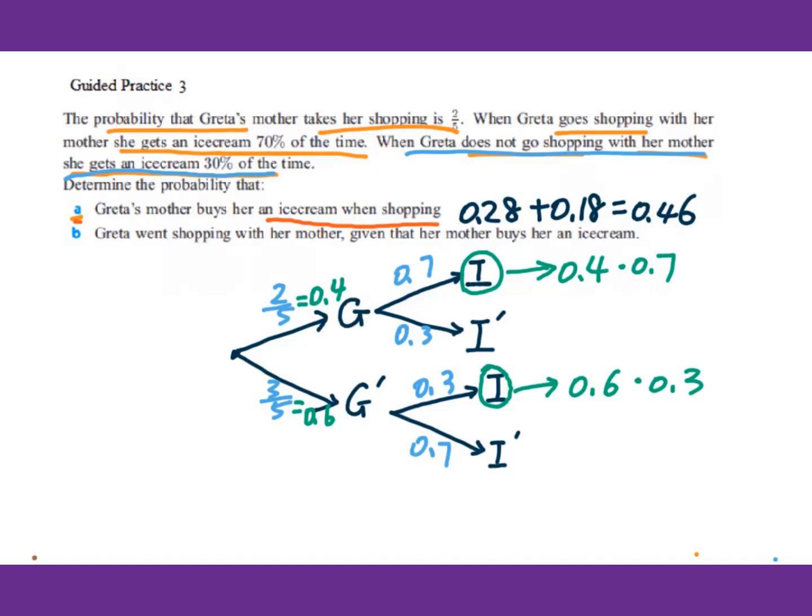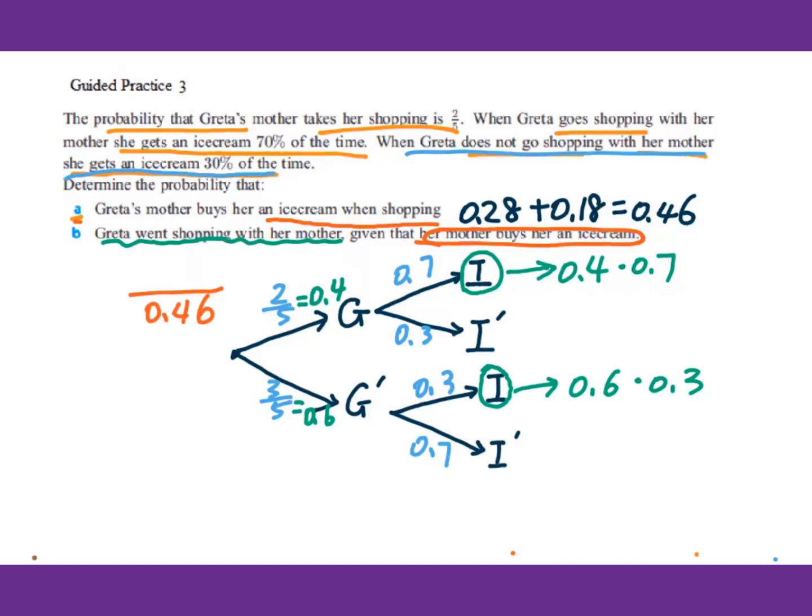For B, Greta went shopping with her mom, given that her mom buys her an ice cream. Given that, this will be the denominator. Therefore, you will get 0.46 as the denominator. But Greta went shopping with her mom and buys her an ice cream will go to the top. Remember, when shopping with her mom, you have to make sure her mom buys her an ice cream.